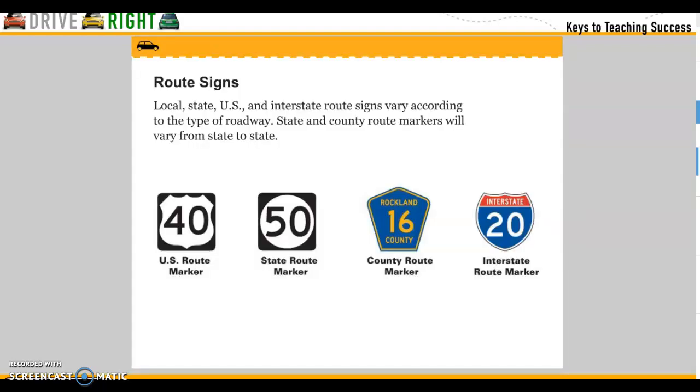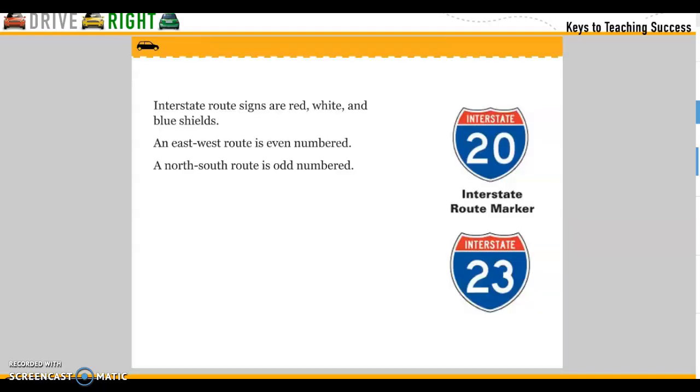Local, state, U.S., and interstate route signs vary according to the type of roadway. State and county route markers will vary from state to state. Interstate route signs are red, white, and blue shields.